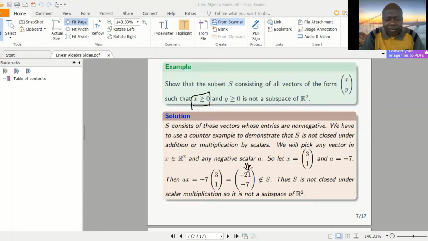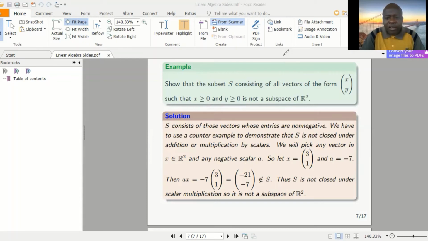My x is negative 21. It does not meet this condition. And y must also be greater than or equal to 0. My y is negative 7, but it does not meet this condition. That means this new vector here is not in S. And therefore, S is not closed under scalar multiplication, meaning that S is not a subspace of R2.